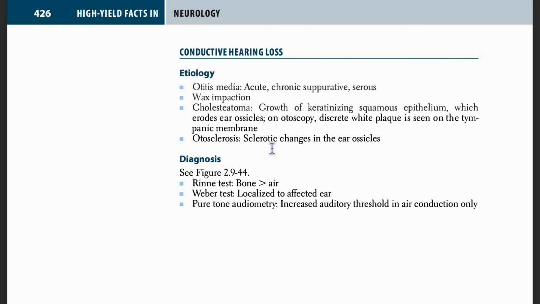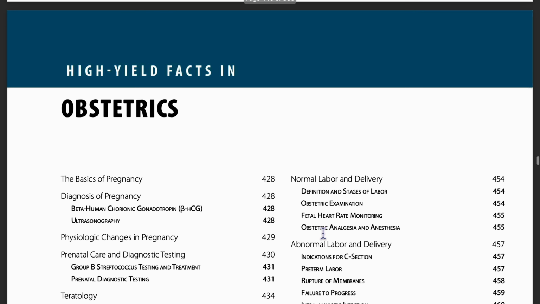Otosclerosis, sclerotic changes in the ear ossicles. Diagnosis, Rinne's test: bone is going to be better than air conduction. Weber's test localized to the affected ear, and pure tone audiometry, increased auditory threshold in air conduction only. And we're done.